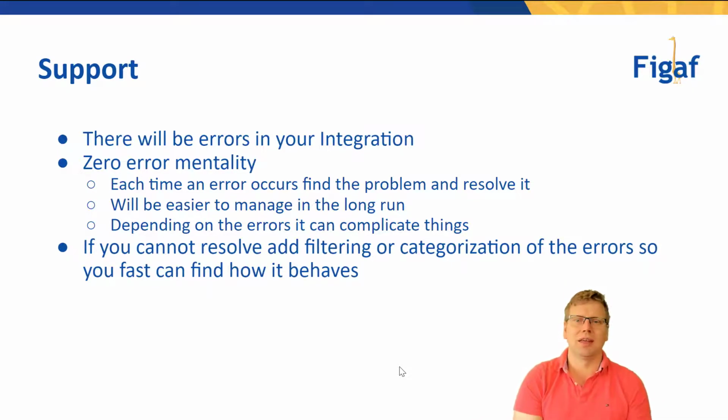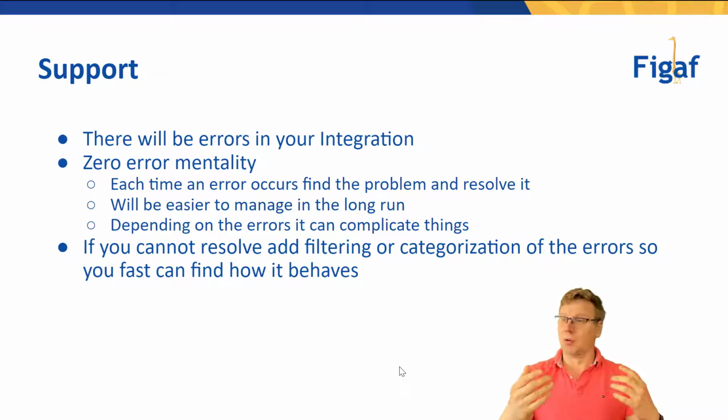So it obviously depends on what you can do. If you do not go for resolving all errors, at least you should have a way to set up filtering for these types of messages that makes it easy for you, whenever something fails, to go and see, okay, this has failed, how do we resolve it?